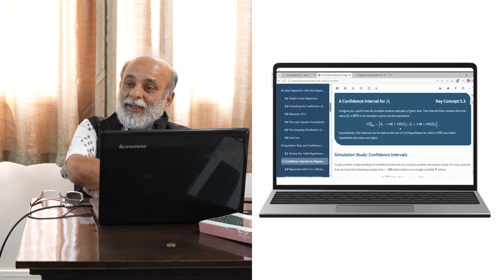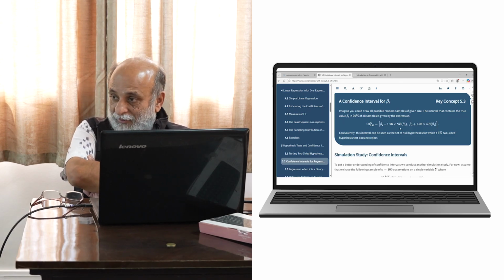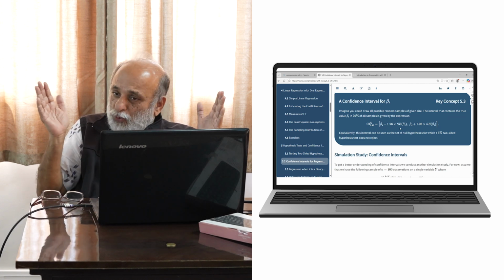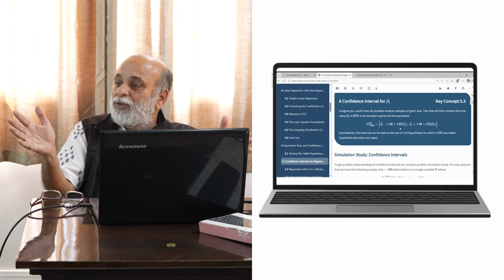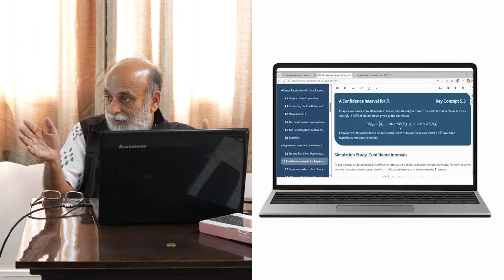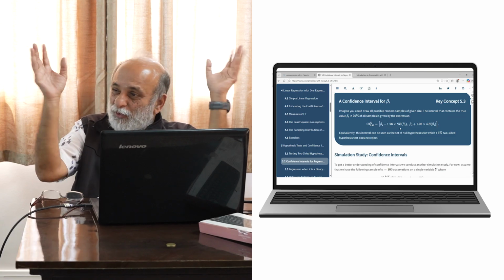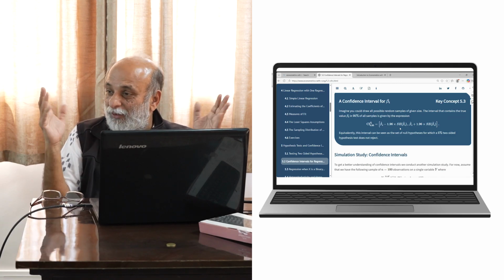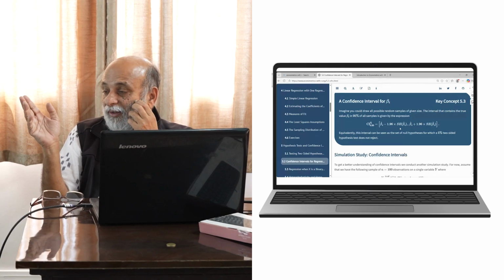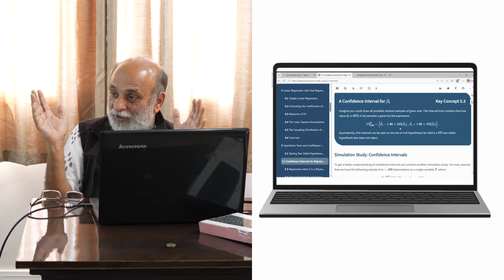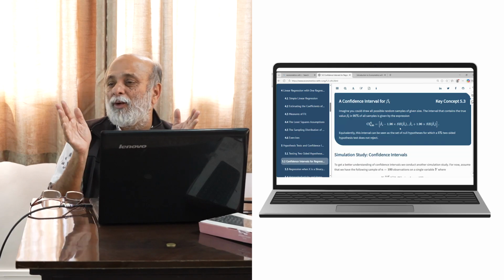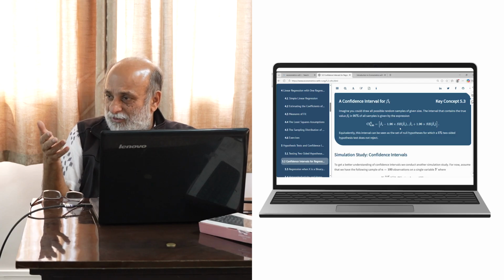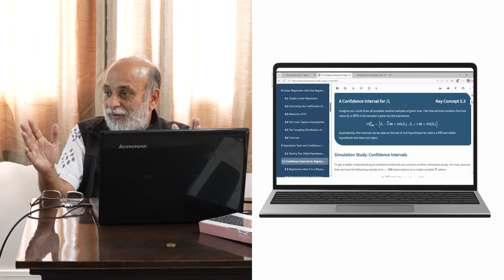If I take say 1000 samples, each sample will give a different value of beta hat, but can you tell me two limits within which at least 950 of your 1000 values will lie? Some 50 values outside these is fine. I can give it to statistical chance, because then I'll be using a 95% confidence interval. So out of 1000 such random samples, 950 will lie between those two points.